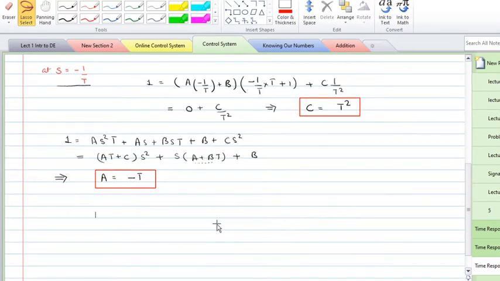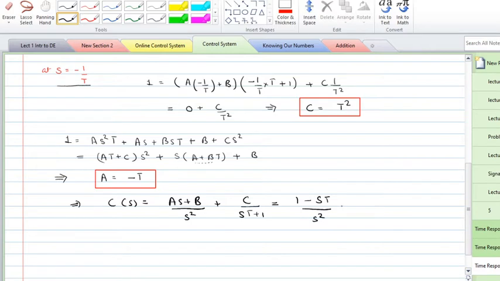Let's rewrite this equation. That is C(s) will be equal to (As plus B) divided by s square plus C divided by Ts plus 1, and this will be equal to (1 minus Ts) divided by s square plus T square divided by (Ts plus 1).